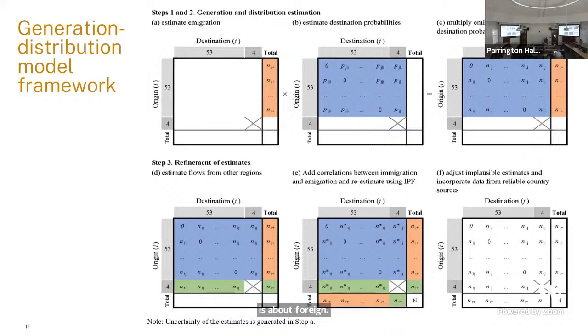And the other thing that we used was trade flows as a way to say there's communication between countries in terms of trade. So we used a combination of those two to distribute the migrants. That's that second box, middle upper box. And then the combination of our generation distribution model gave us kind of flow estimates across countries.